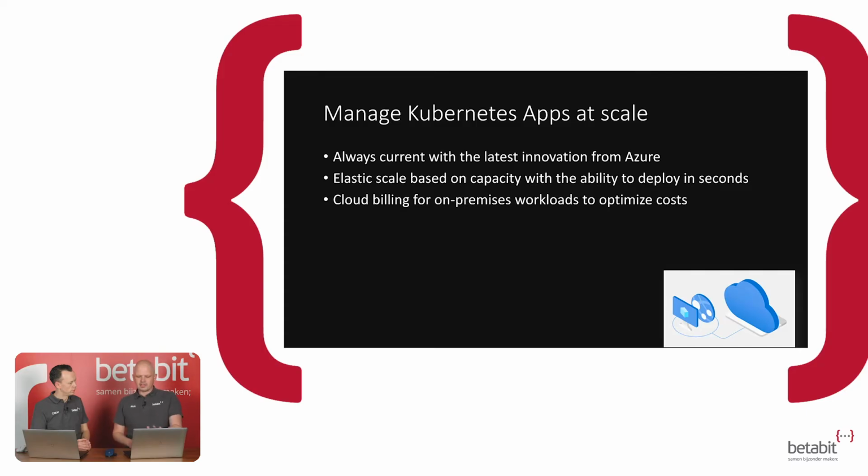So you can elastically scale based on the capacity with the ability to deploy in seconds. And then what's interesting here is, are they going to enable you to leverage the power of both the on-premises stuff you still have and the stuff you have in the cloud so that you can distribute the workload evenly?